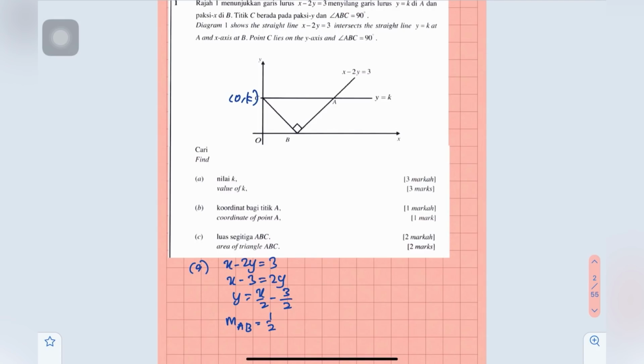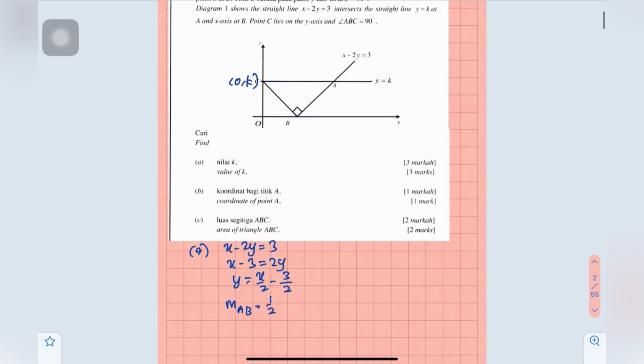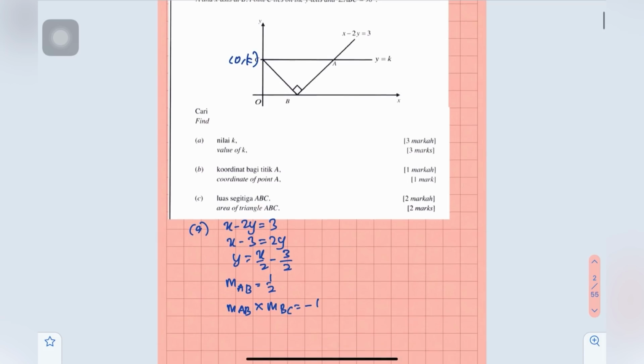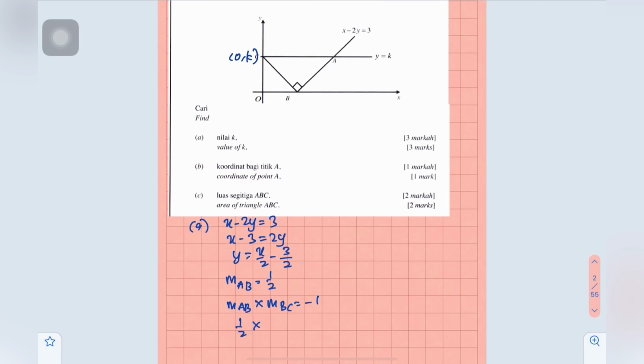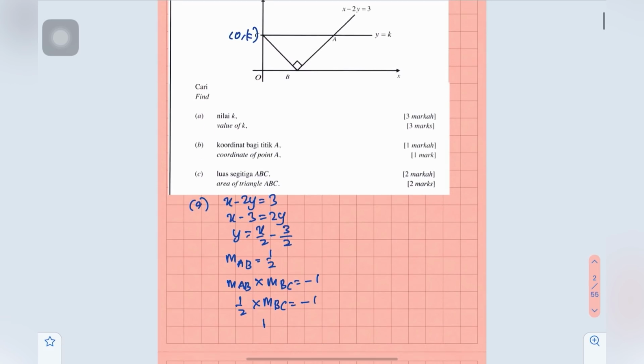Okay, so since AB and BC perpendicular, so gradient dia negative 1. So gradient AB darab gradient BC equals negative 1. So this 1 over 2 times gradient BC equals negative 1. So gradient BC equals negative 2.